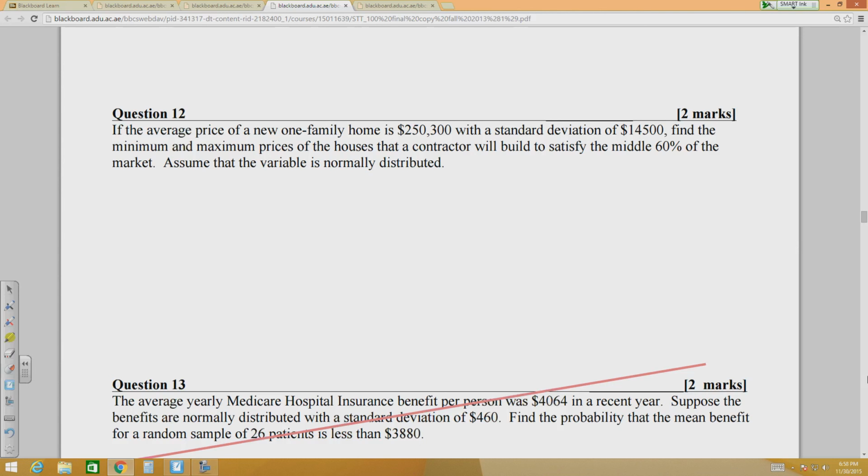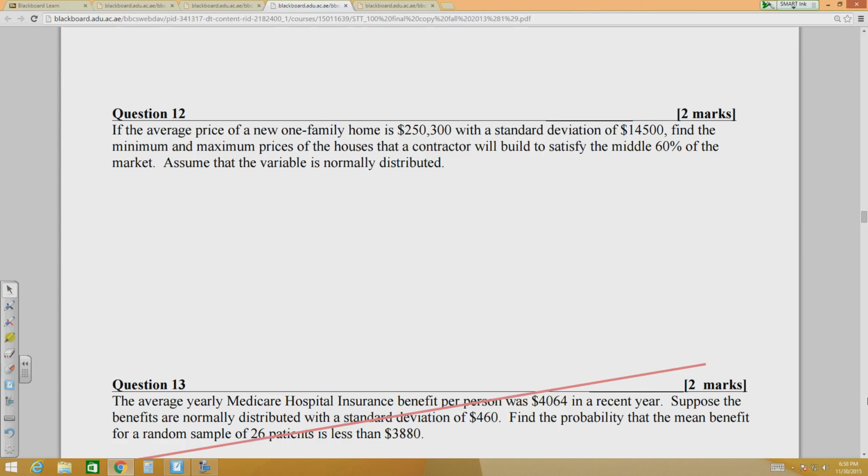He asks for x. So this question is reversed. Sometimes I give you x and ask for the area. Sometimes I give you the area and ask for x. Regardless of the direction, you have to pass by z in the middle. So let's graph the question step by step. Let's graph that. The average price of a new one-family home is this.